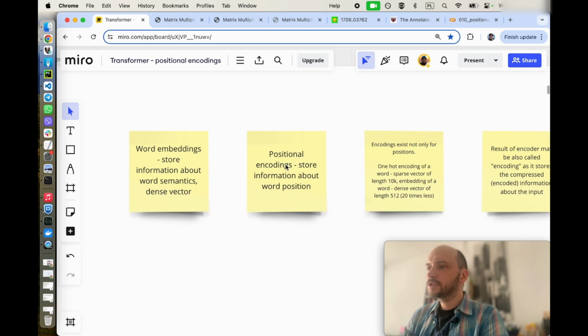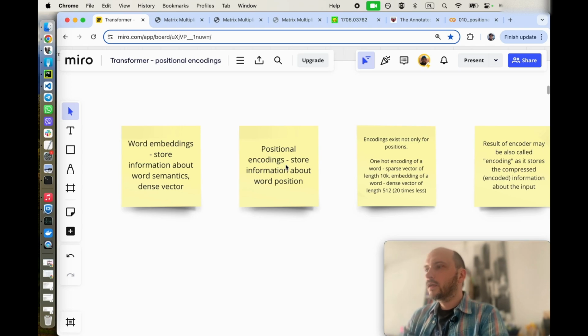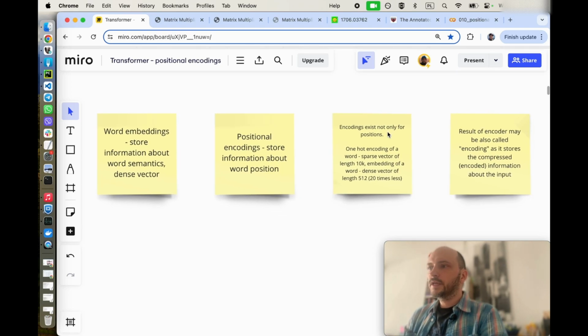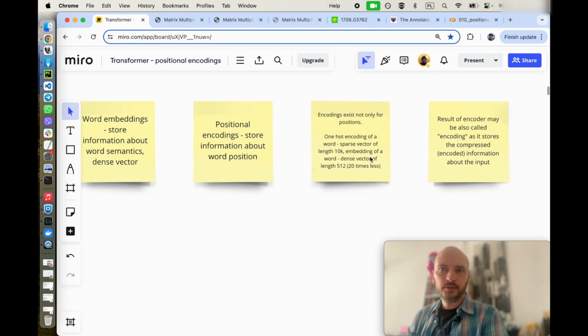Positional encodings store information about word position in the sentence. Though encodings exist not only for positions. For example, you may have heard about one-hot encoding. One-hot encoding is called an encoding, though it may be used to store information about the semantics of a word, though it will be a sparse vector in this case.